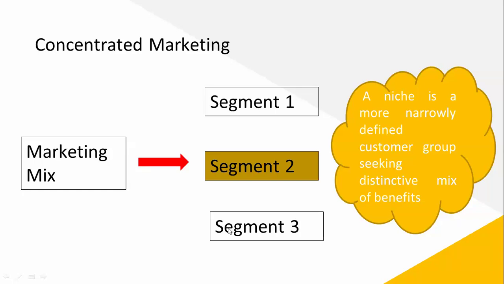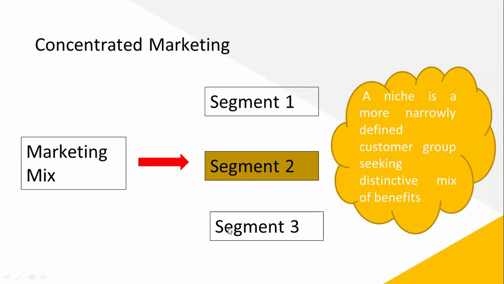Then you are designing specifically for that target set of customers, and you are doing your marketing strategies for that specific set of customers. So we call this niche marketing or concentrated marketing. Keep in mind, a niche market contains a more narrow and more specific set of customers. Any example for this concentrated marketing or niche marketing?